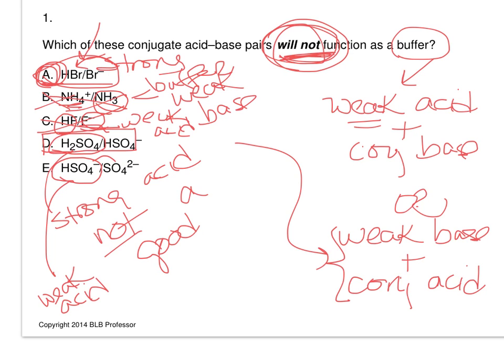Its conjugate acid, sulfuric acid, is a strong acid, but HSO4 minus itself is a weak acid. Here's its conjugate base. So that would also serve as a buffer. So the correct answers, A and D.